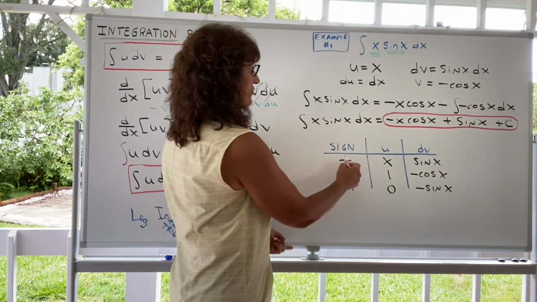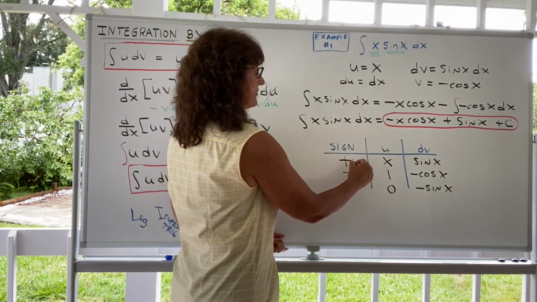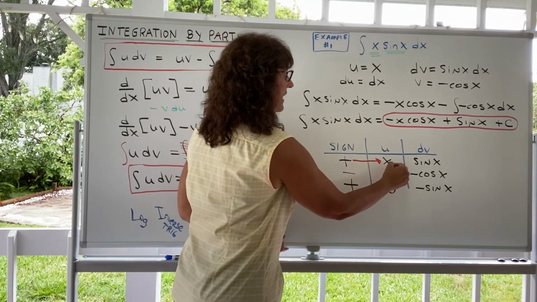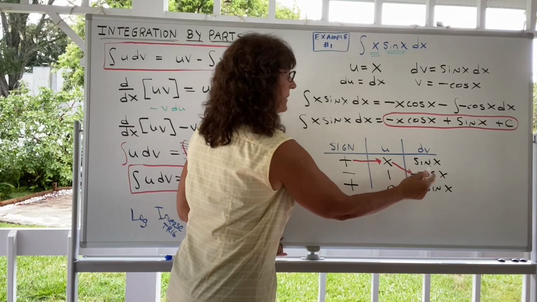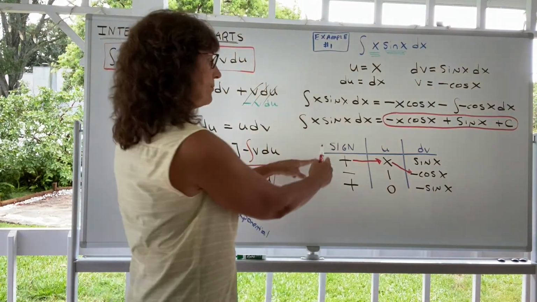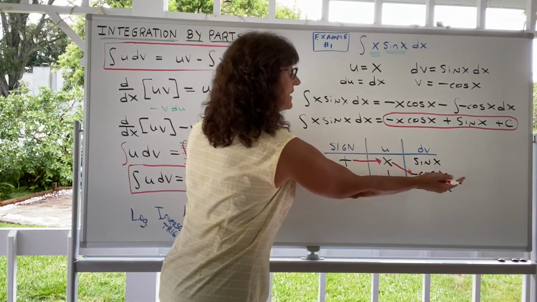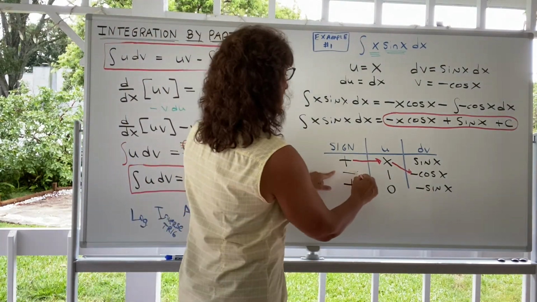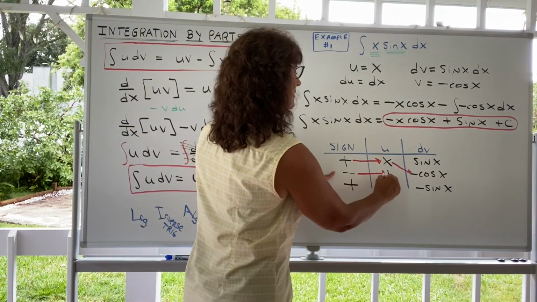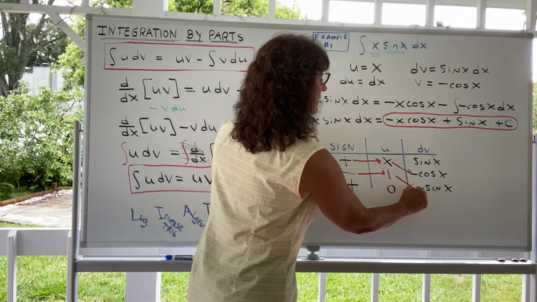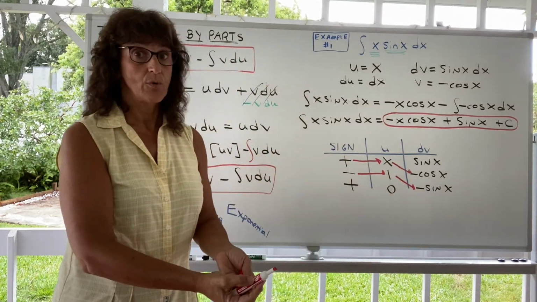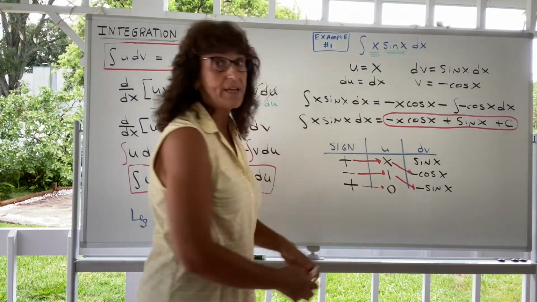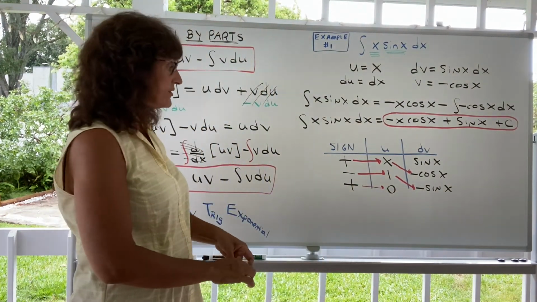You're going to start here where the positive sign is, go across, and then diagonal. That makes up your first term. That is, positive x times negative cosine x is your first term. And then minus, so you're going to go across, diagonal, there's your second term. Okay, go across. Well then you're multiplying something by 0. So once you hit the 0, you're done.